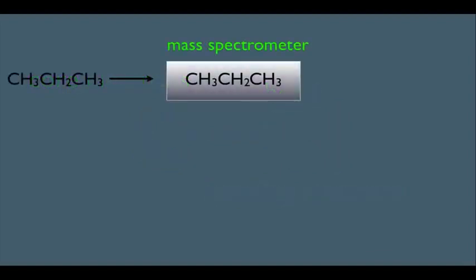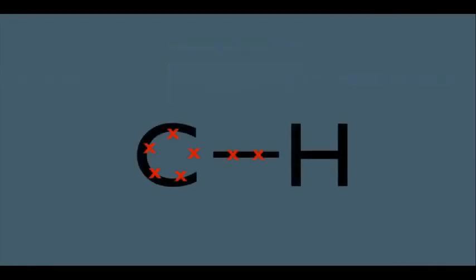Let's go back to our situation here. What we're learning is that when we stick a molecule in the mass spectrometer, what we end up doing is shooting an electron beam at the molecule. Think of it as almost taking a gun and shooting an electron gun at the molecule. Let's focus up close here.